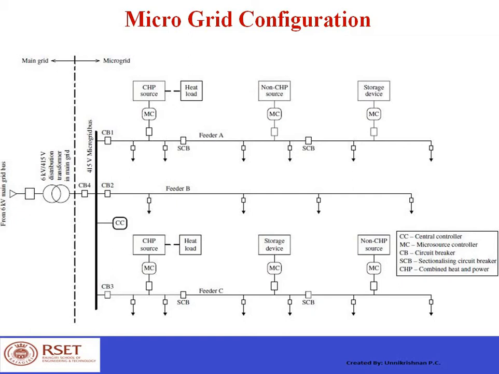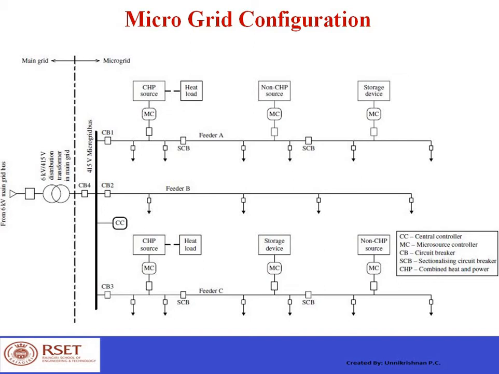All these three are in general called micro sources. It may be a CHP source, a non-CHP source, or a storage device, and each one of them has a micro source controller. Feeder B does not have any sources or storage devices. It has only loads.